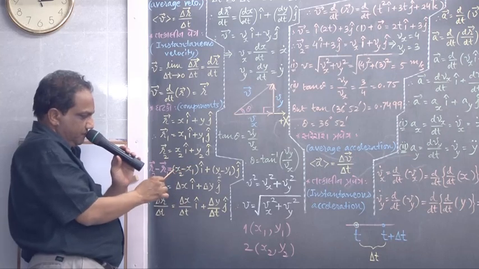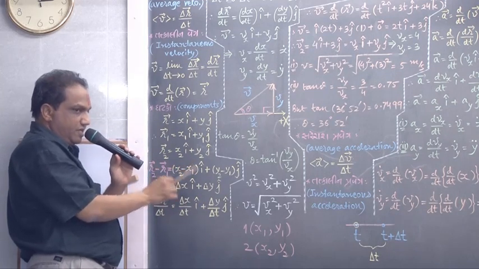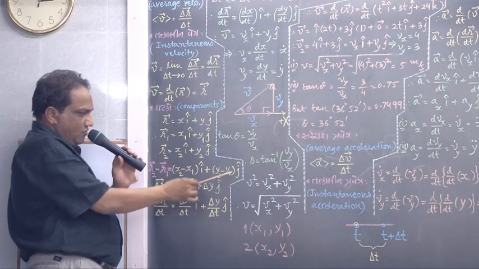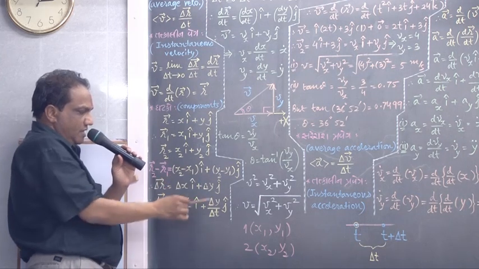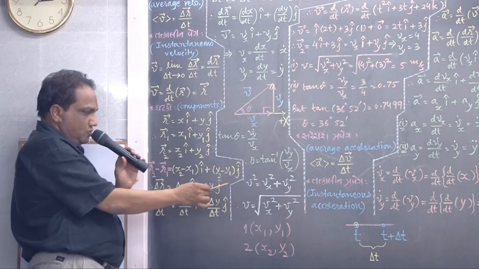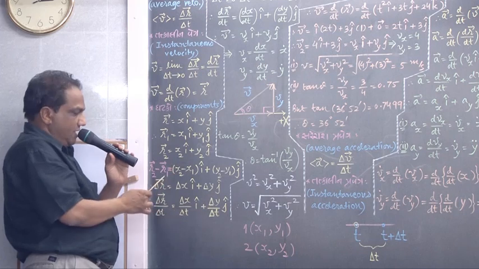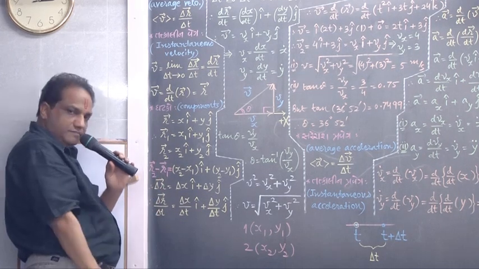What is this? Change in x coordinates, that will be delta x into i hat. What is this? Change in y, that will be delta y into j hat. What is this? Change in position vector, that will be vector delta r.